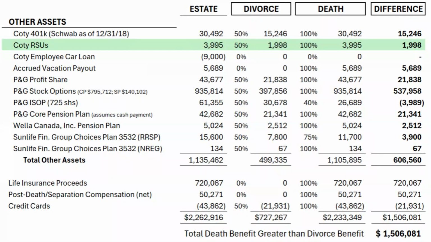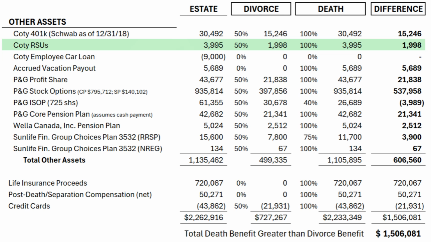Yeah. And let's look at the next line, line 12. He had some Cody restricted stock units. That's correct. Same situation. This is the $4,000 that we talked about earlier. It's $3,995. We assumed that they were 100% vested at the time of either divorce or death.